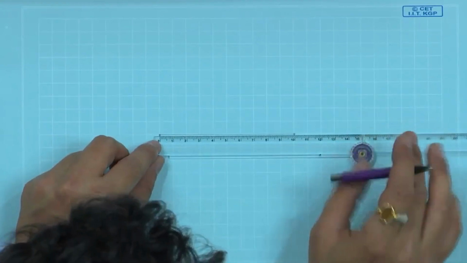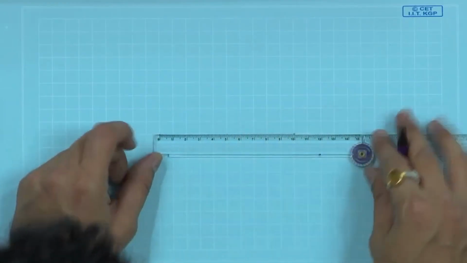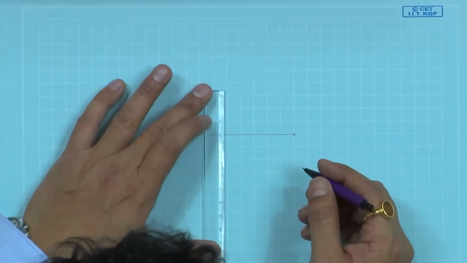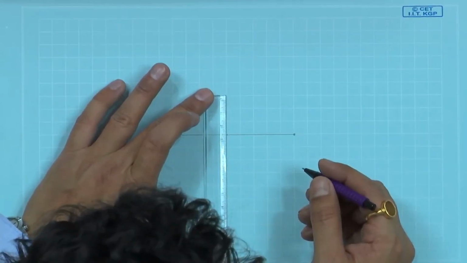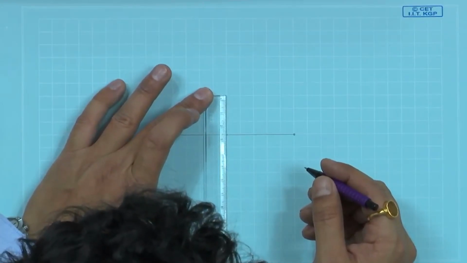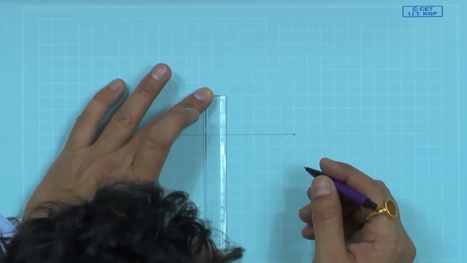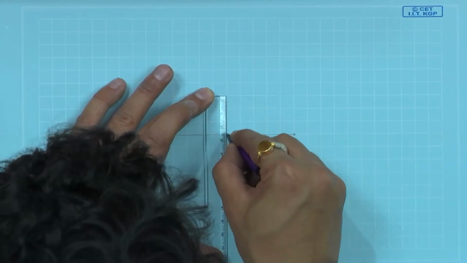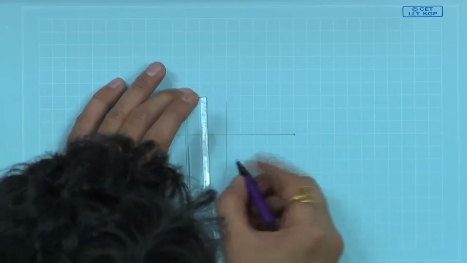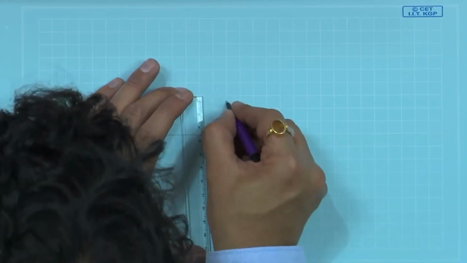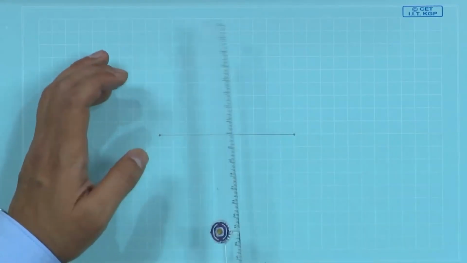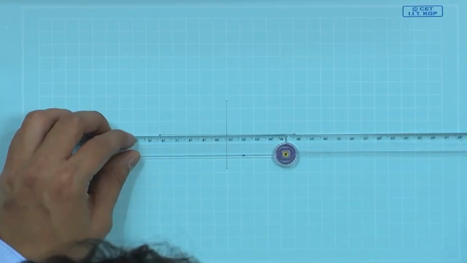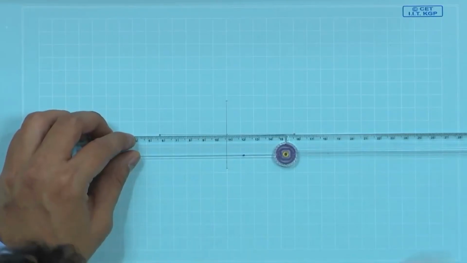Draw a perpendicular bisector. Here, because this is 50 mm, it is quite easy to locate 25 mm on this graph sheet for us. 25 will be at the middle. Once we have that, we can construct a perpendicular line.